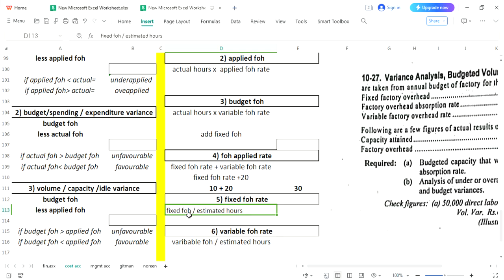Fixed FH, if it is divided by estimated hours, you will get fixed FH rate. And fixed FH rate was given in the question as well. That was the fixed FH rate we have calculated, that was 10. Understood? So this 10 was calculated over here.